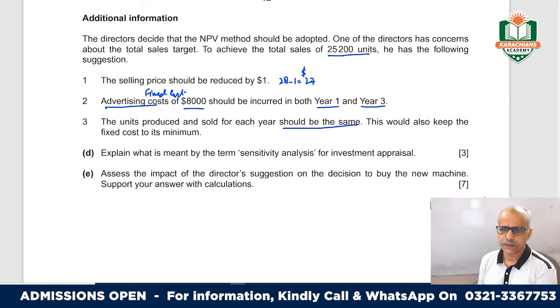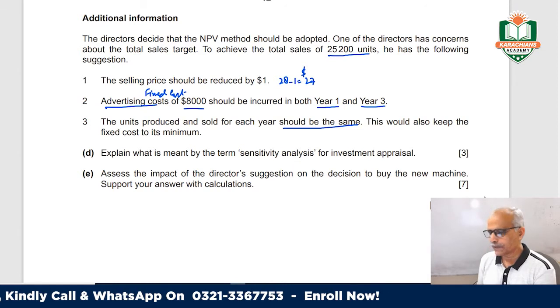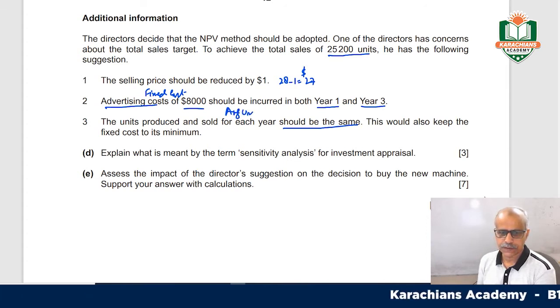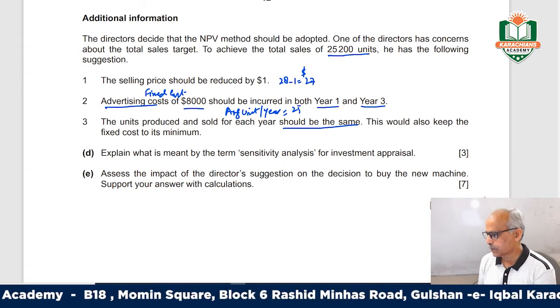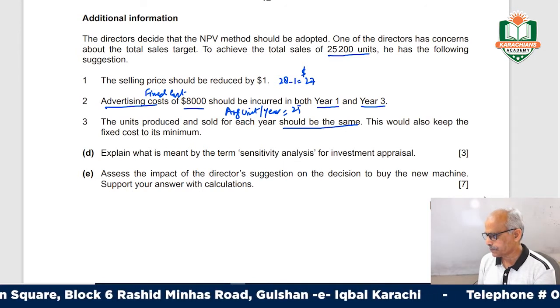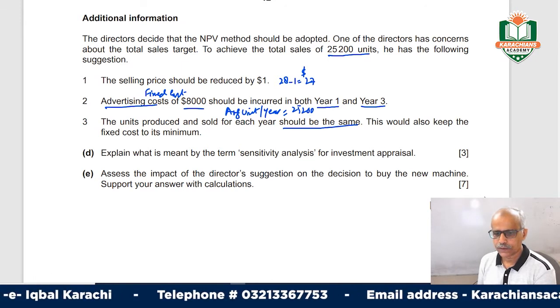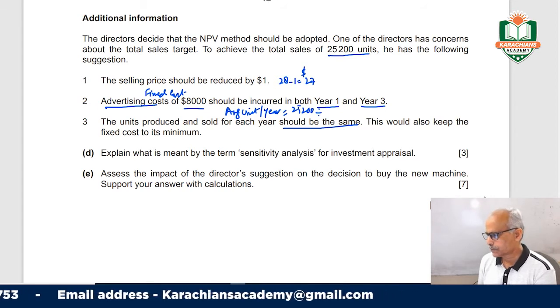Should be the same means how much were our total units? Our total units were 25,200. So what does it mean? It means the average units per year. 25,200 were total units, and how many years do we have? It was 4 years.